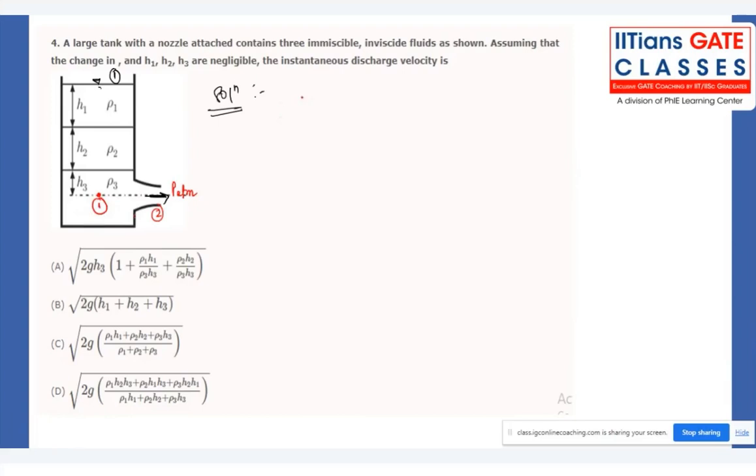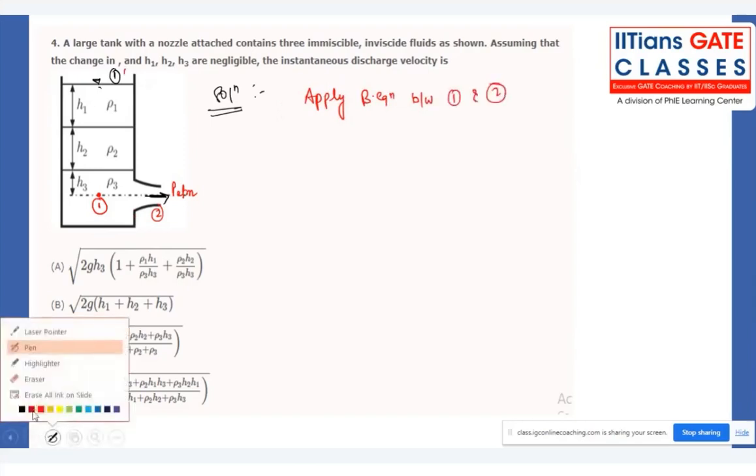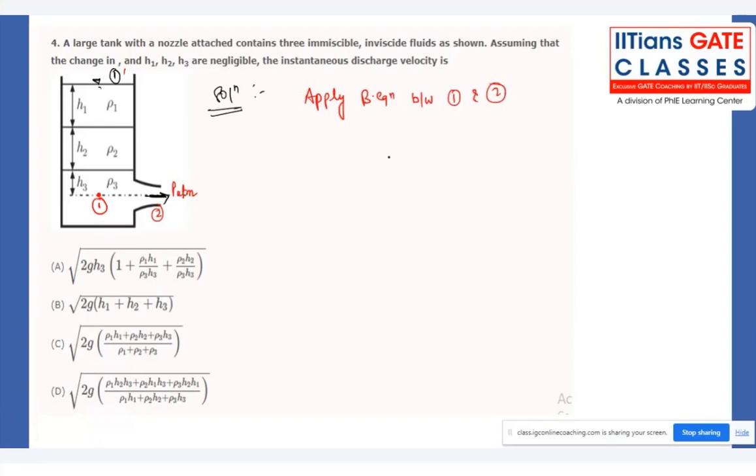So we apply the Bernoulli equation between 1 dash and 2. Now P1 by rho 3 g, because both points, my dear friends, are in liquid number 3, plus V1 square divided by 2g plus the reference height.